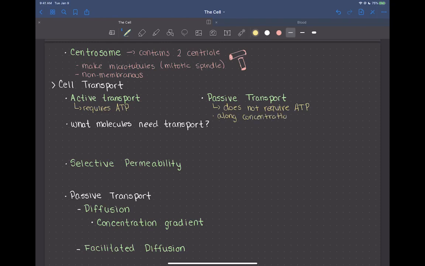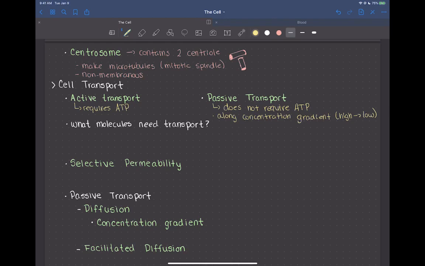All right, so they're moving from high to low concentration. Okay, and that doesn't require energy, right? That's like water going over a waterfall. You don't have to use any energy for that. Okay, so it's going along its concentration gradient from high concentration to where there's a lower concentration.